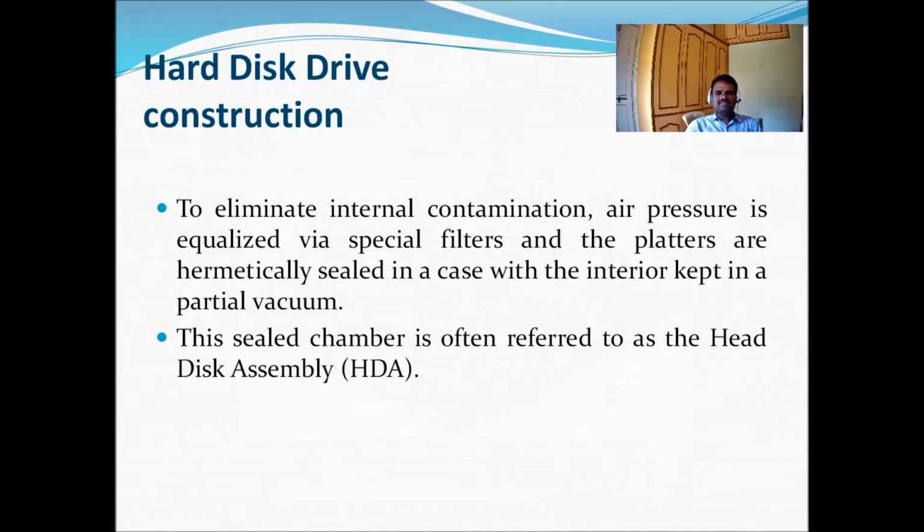This sealed chamber is often referred to as the head disk assembly. The entire sealed chamber is called the head disk assembly. Thus, we won't allow any dust inside the hard disk.